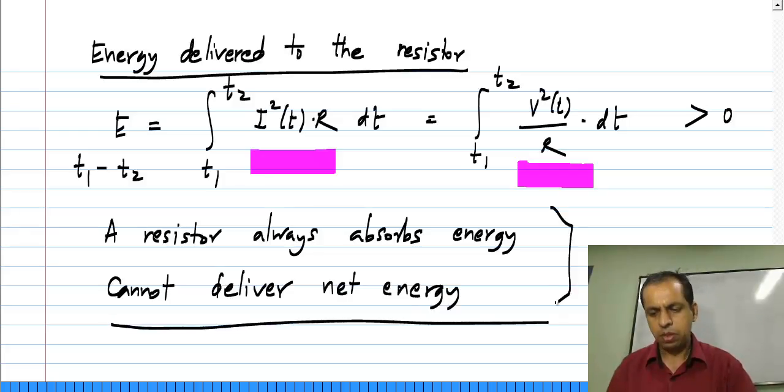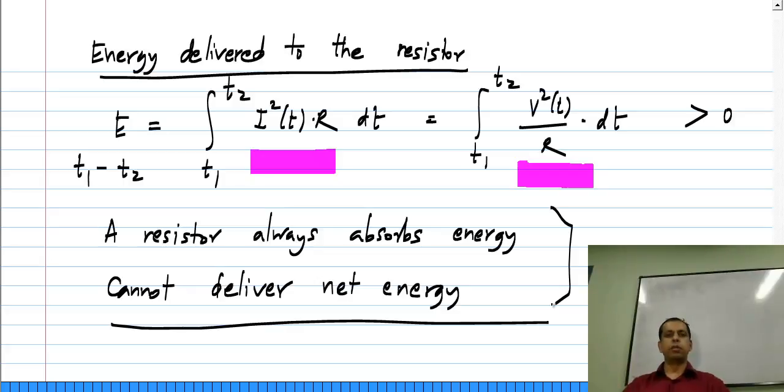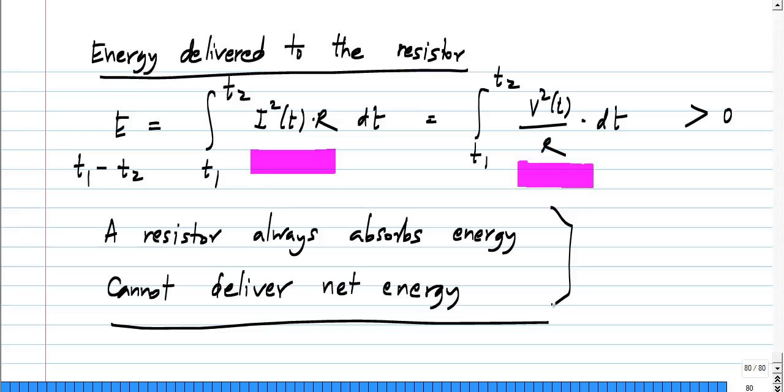Okay. So, something that can only absorb energy, but can never deliver a net energy, it cannot act as an energy source, such an element is known as a passive element. Okay. So, for a passive element, the power is always positive, which automatically implies that it always absorbs energy, it can never deliver it, and such an element is a passive element.